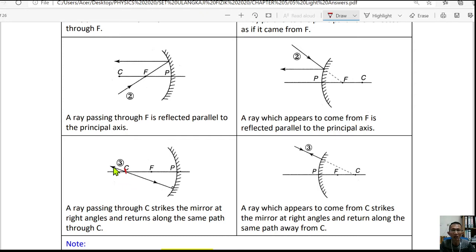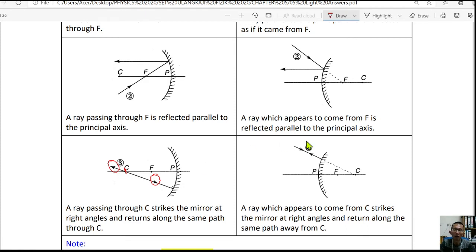So if I have a ray that goes through this point C, it will be reflected by the mirror, forming the same line with the incident ray. It will be on the same line. That's why you see my arrow. Here is my arrow for my incident ray, and here is the arrow for my reflected ray.